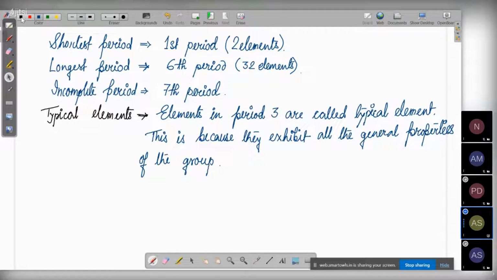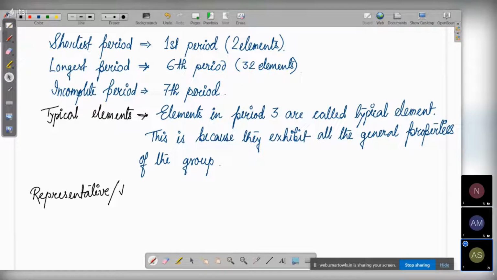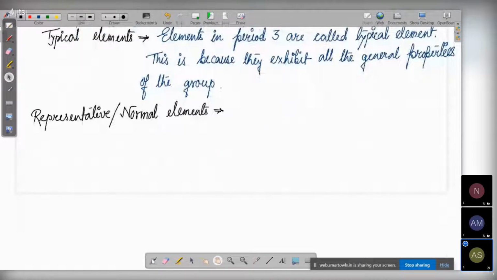Now you have the representative and normal element. What are they? Representative or the normal element. So you see, S block and P block elements together are known as the normal element.